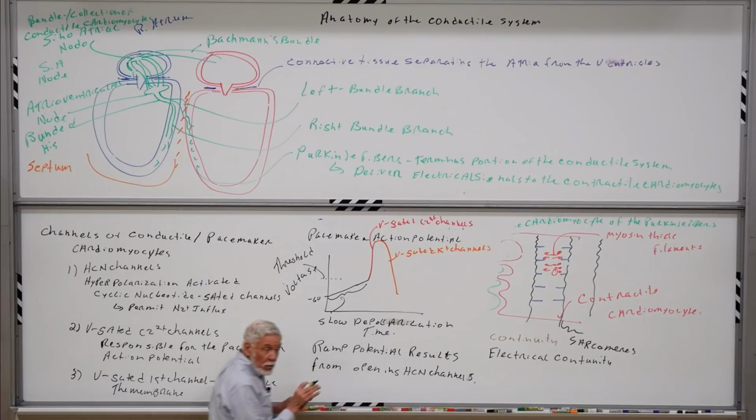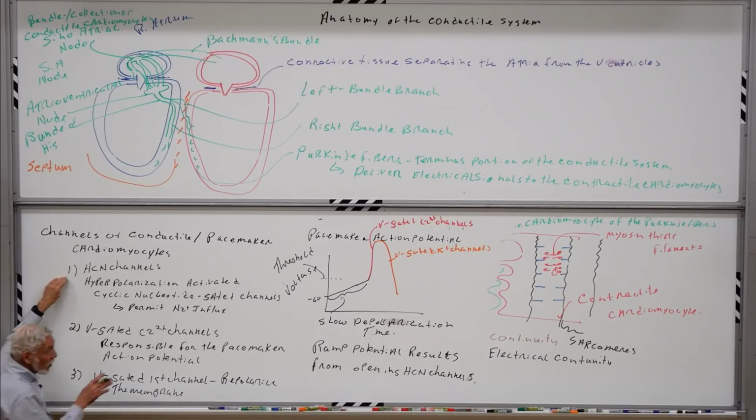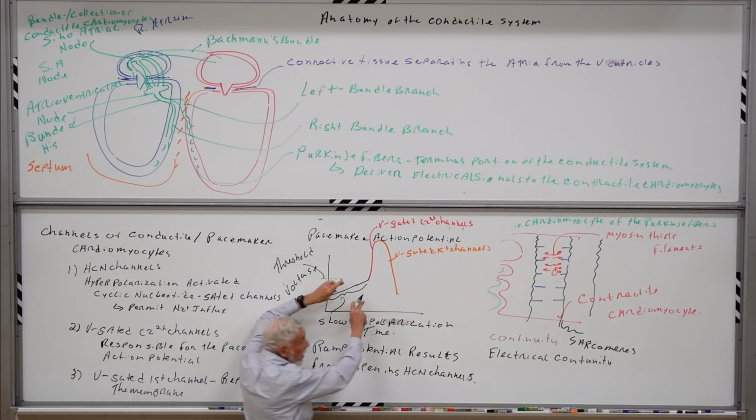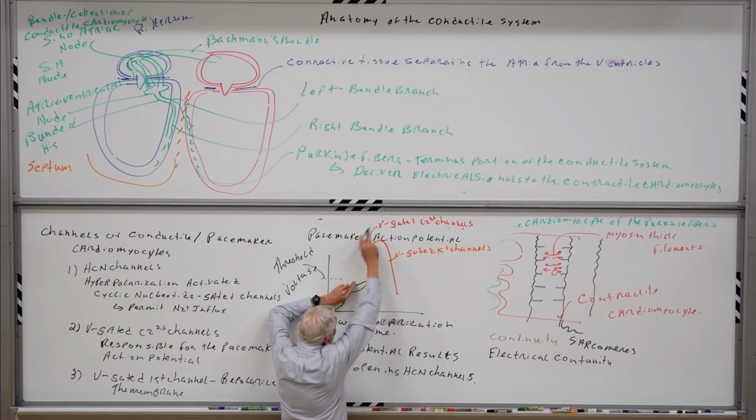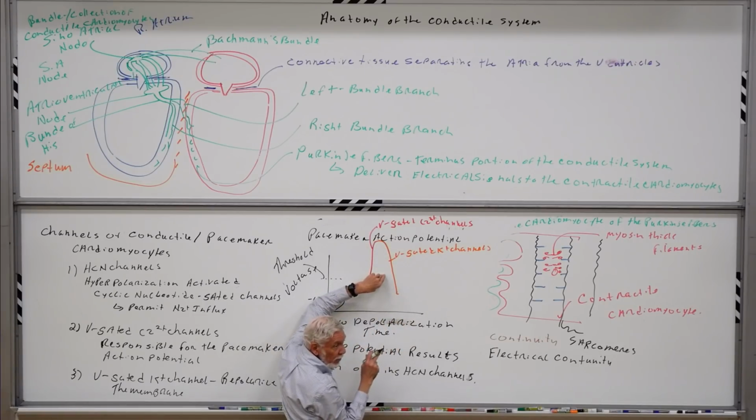So that's the sequence. We open HCN channels, sodium comes in, and that sodium depolarizes the membrane. It's a fairly slow depolarization. If we get enough sodium coming in, we trigger voltage-gated calcium channels to open, we get an action potential, and we start all over again.